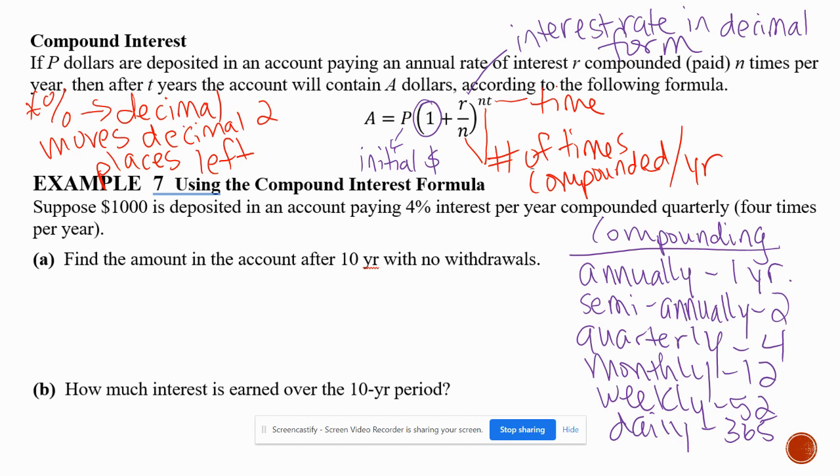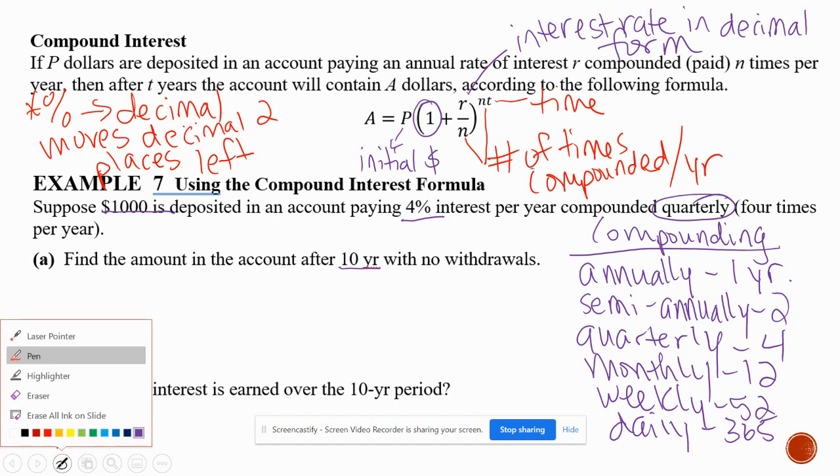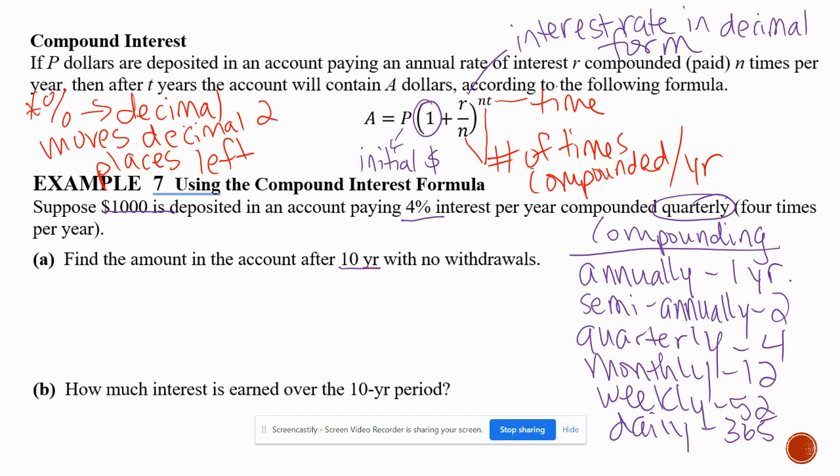All right, so let's try a couple of these. We have $1,000 deposited in account, paying 4% interest, compounded quarterly, 4 times per year. Find the amount after 10 years with no withdrawals. If I'm plugging that into our formula, we have A is equal to 1,000 times 1 plus.